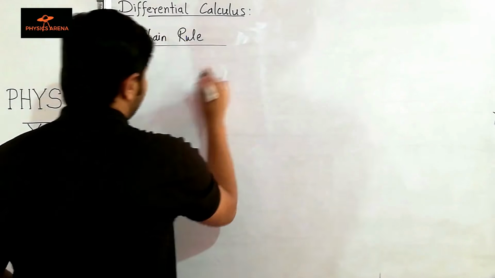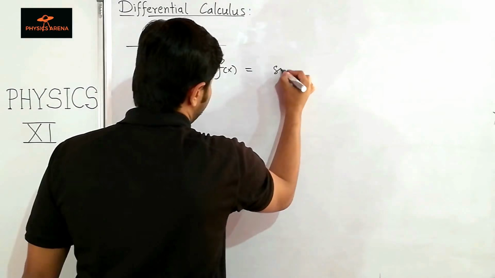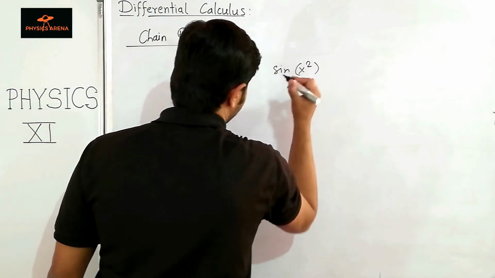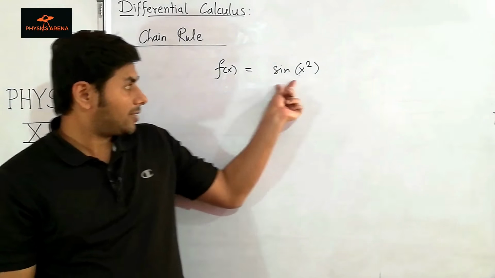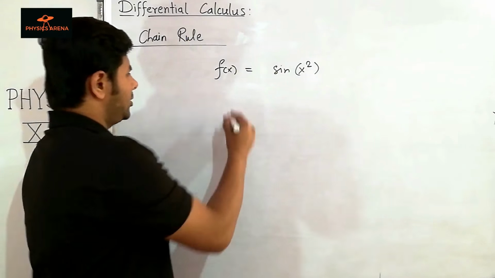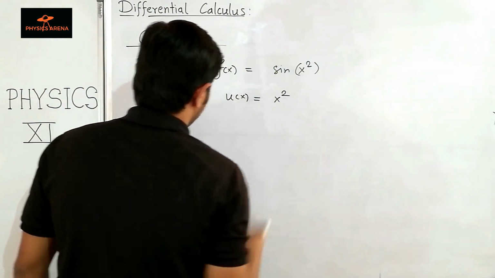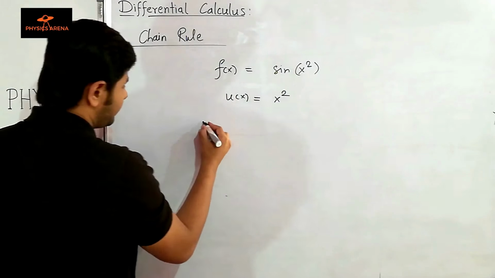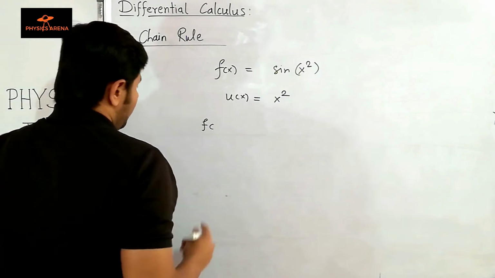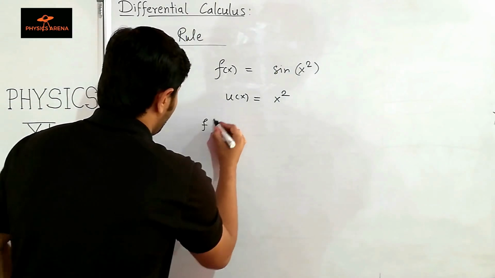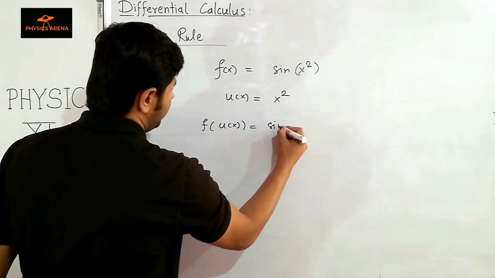Okay, so one may come across functions like this. f of x is equal to sine of x square. Suppose u of x is x square, so I can write this as f of u of x is equal to sine x square.